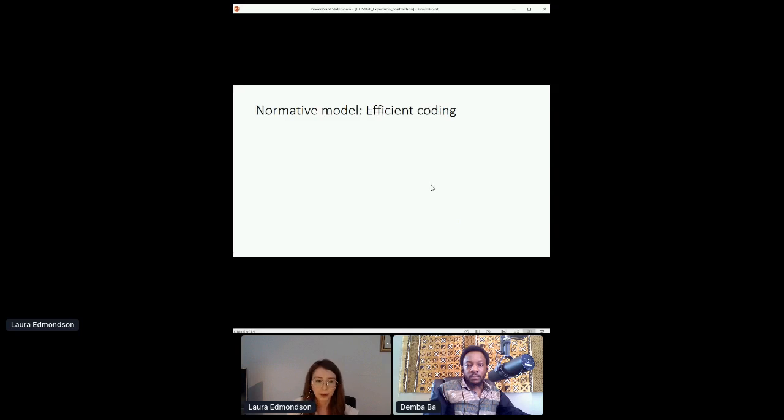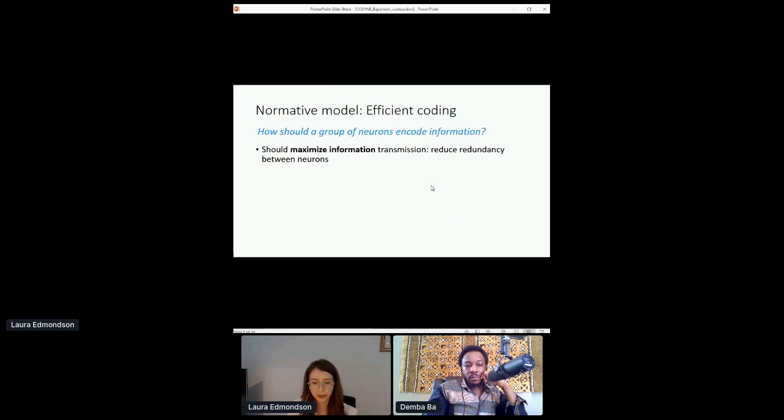So we think about this problem through an efficient coding framework. These efficient coding problems ask questions like, how should a group of neurons encode the information in our inputs? Here they suggest that we should maximize our information transmission. One way to do this is by reducing the redundancy between neurons.